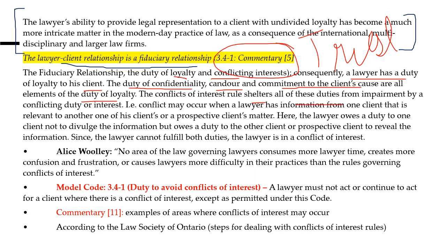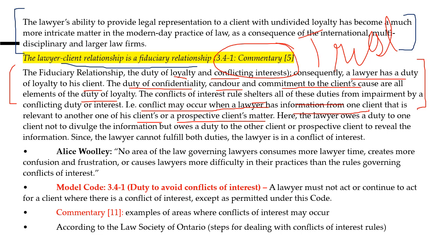So what does the conflict of interest rule do? It says we are shielding all these principles so that no client can feel disloyalty from his or her lawyer. That is, a conflict may occur when a lawyer has information from one client that is relevant to another one of his clients or a prospective client's matter.